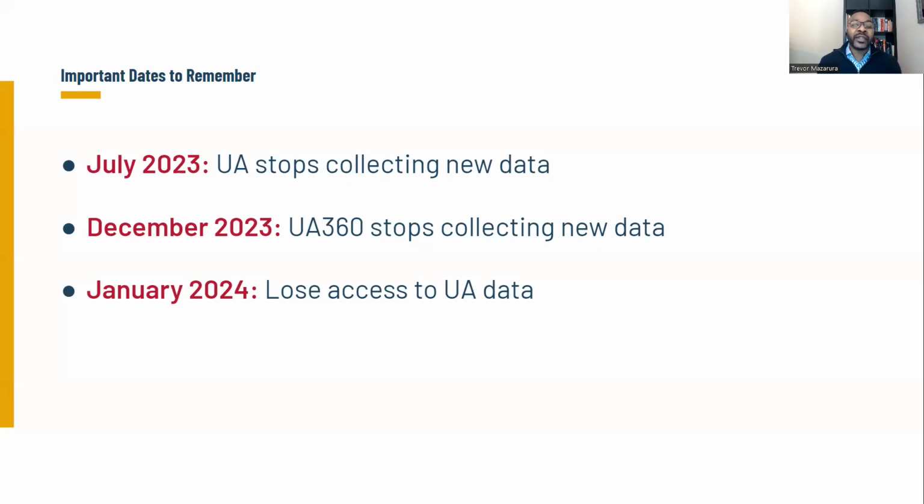You get a little bit of leeway, but you have to be aware that December 2023 is when you also stop collecting data in the premium version. July 2024, you lose access to your Universal Analytics data. So we recommend having a plan if you want to continue to have access, which we recommend you should, which is to extract that data and put it into a data warehouse.